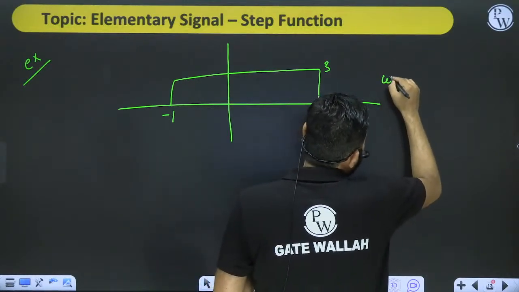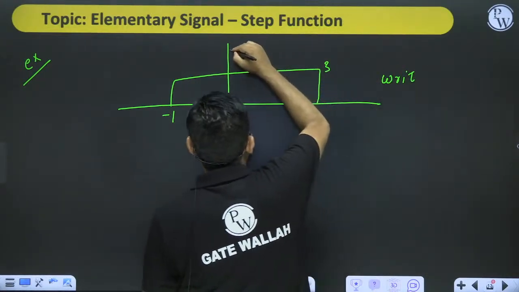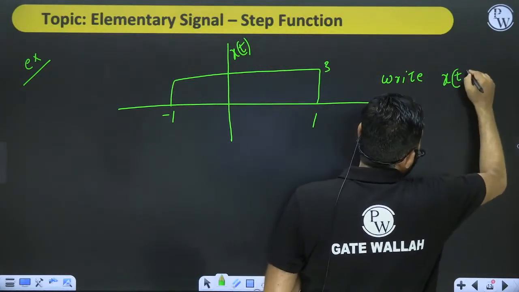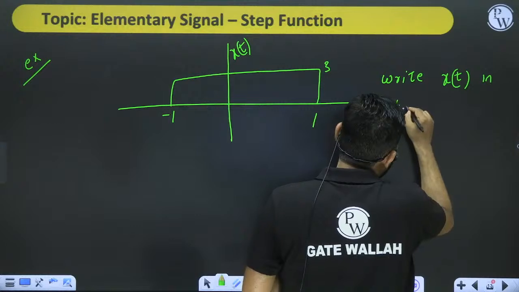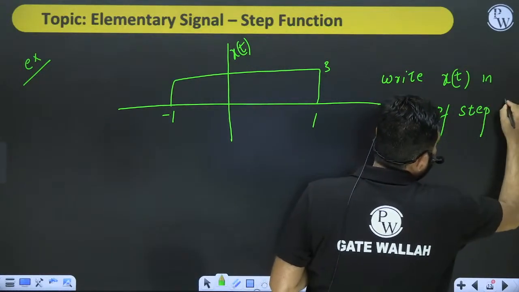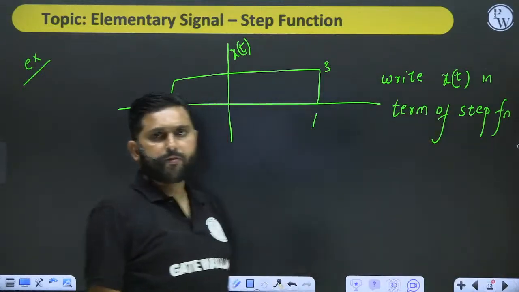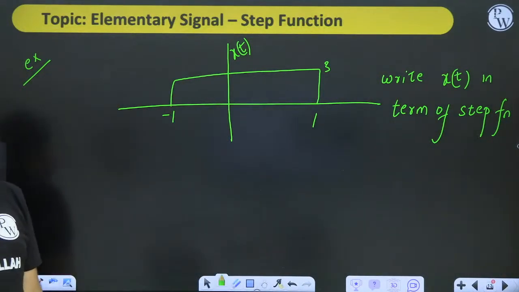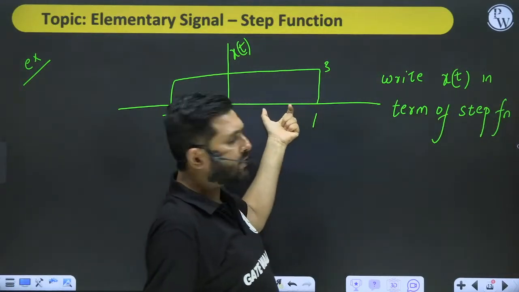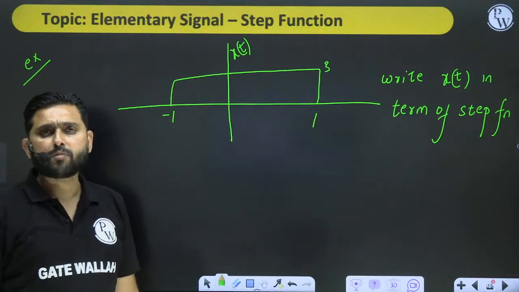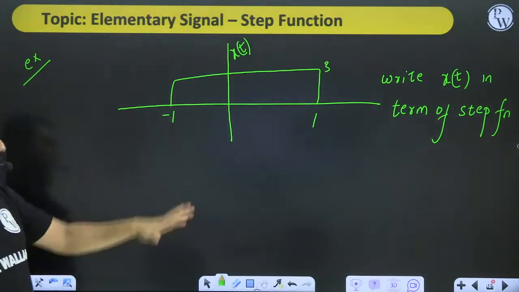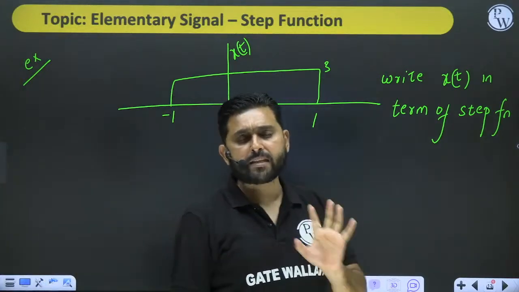The question is: write this x of t in terms of step function. I want to write this function in terms of a step function. We can write it exactly the same way, we have to do the reverse operation.